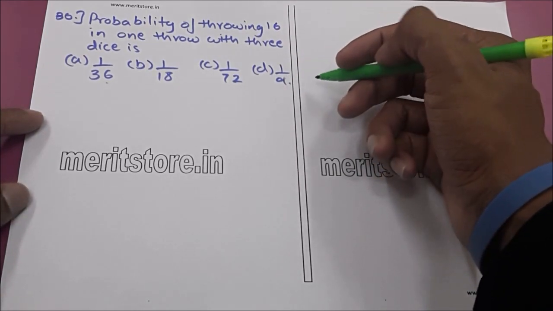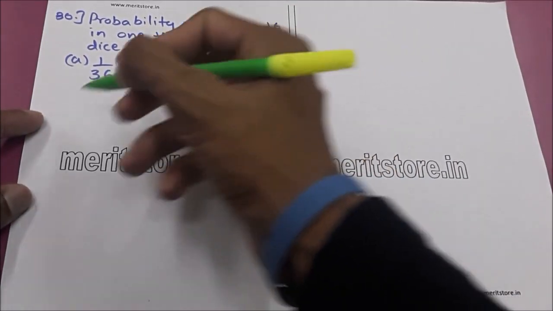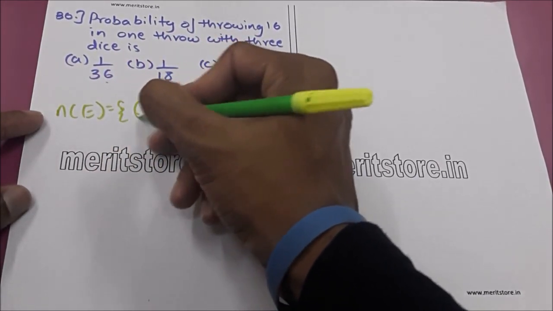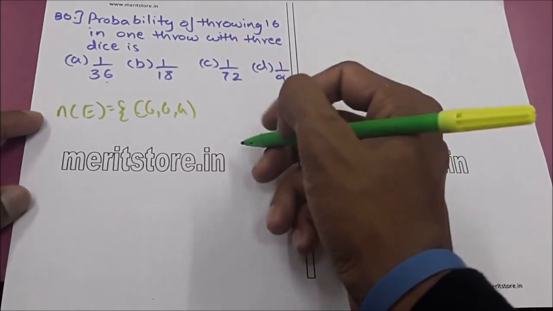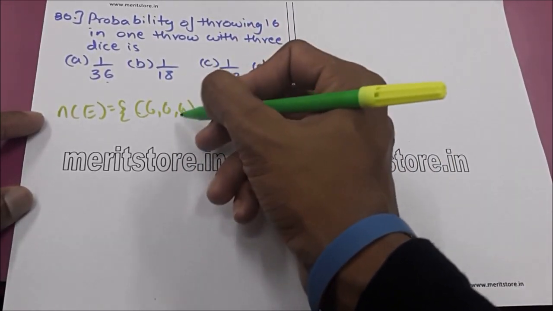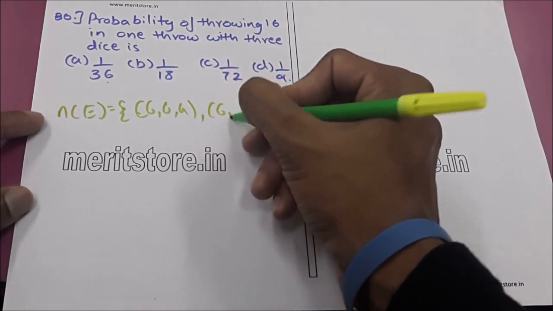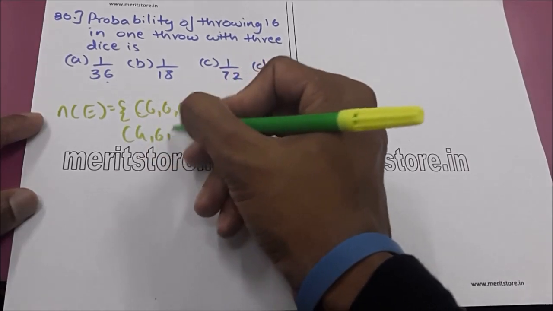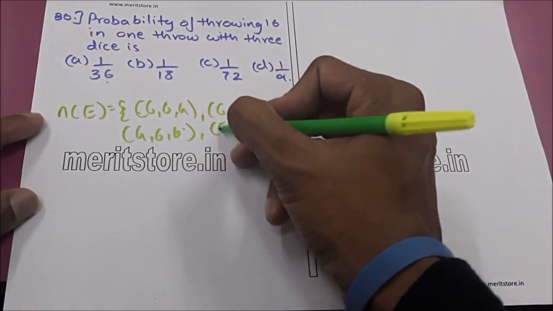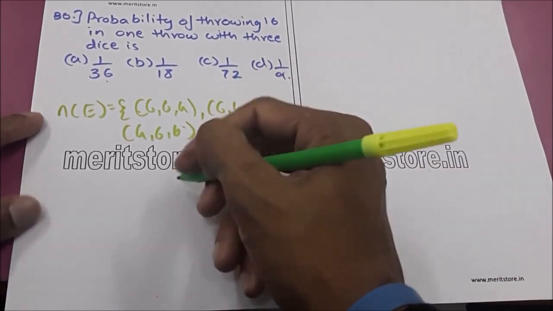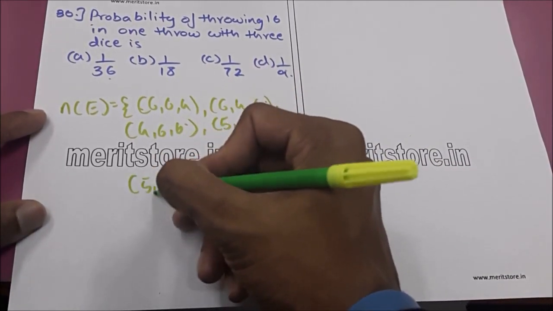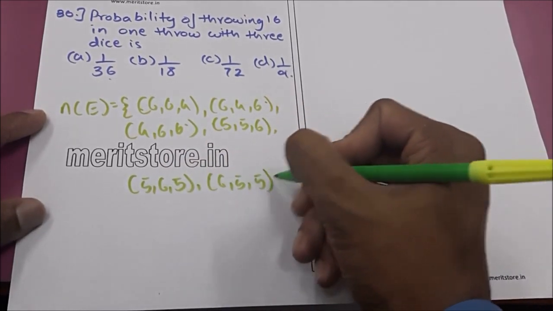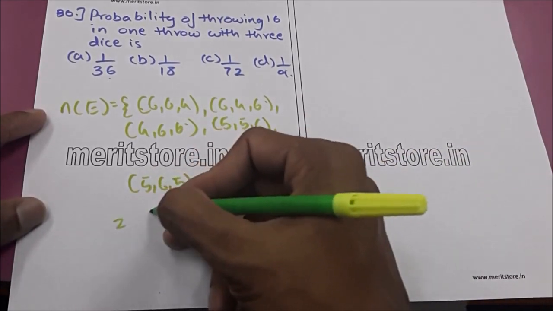The total number of favorable ways can be given as n of E, that is 6 comma 6 comma 4, that is we get 16, 6 comma 4 comma 6, same way 4 comma 6 comma 6, 5 comma 5 comma 6, 5 comma 6 comma 5, 6 comma 5 comma 5, that is equal to 6.